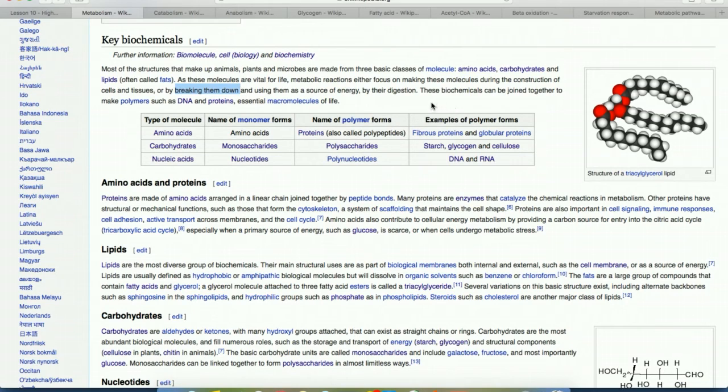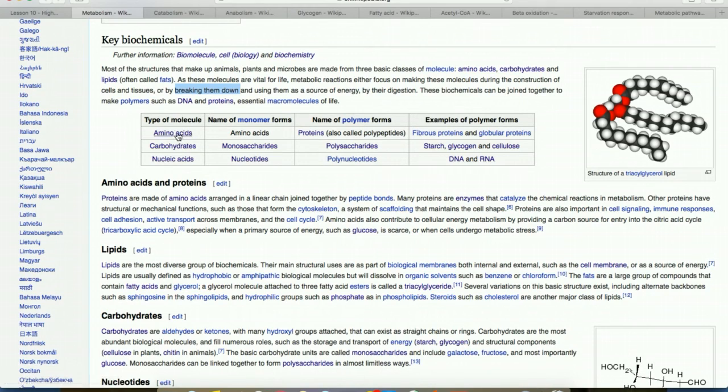These biochemicals can be joined together to make polymers, such as DNA and proteins, essential macromolecules of life. We talk about DNA, we talk about proteins, polymers. I could follow the link here on polymers to see what is a polymer. I know from other things that a polymer is a repeated sequence of a chemical.